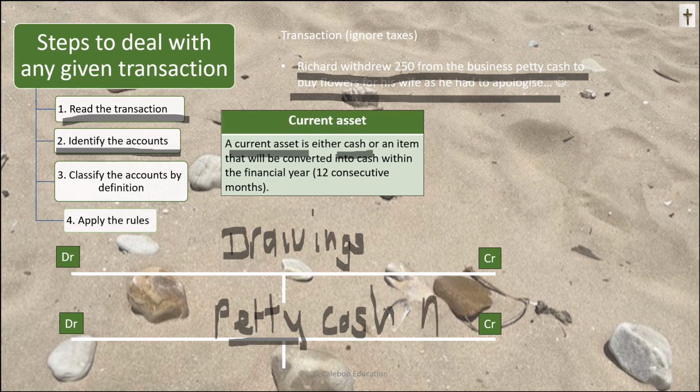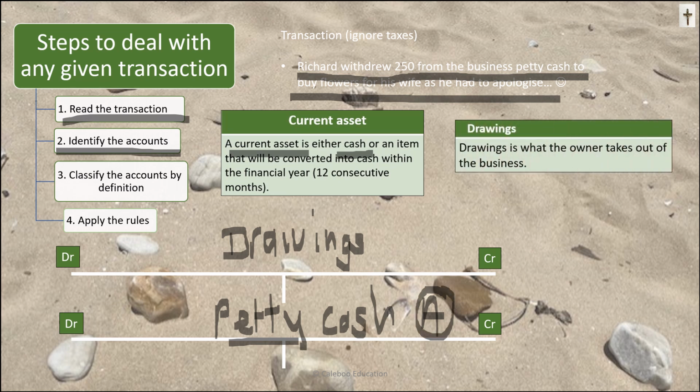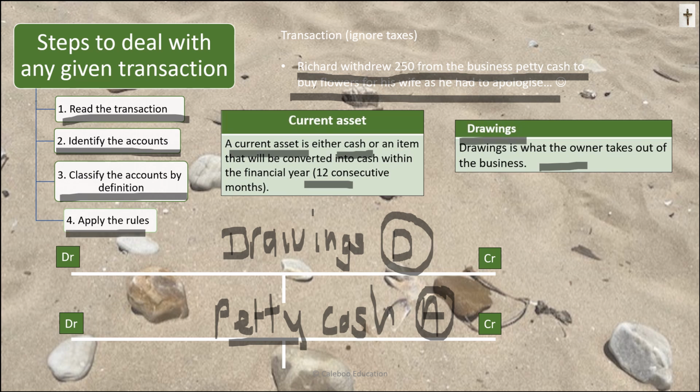So petty cash we classify as an asset, and drawings, as I mentioned, is what the owner takes out of the business for his or her personal use. So what we've done now is we've classified the accounts, and I have taken the definitions of a current asset and drawings. Now I need to apply the rules.